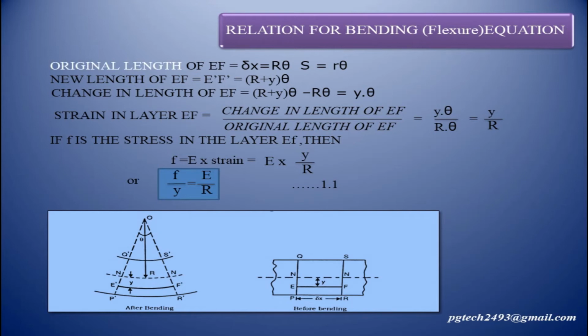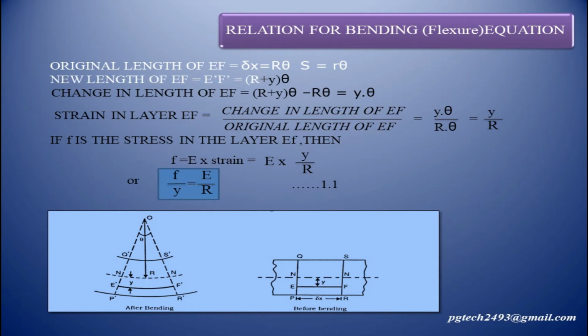Original length EF is equal to delta x is equal to r theta, that is S is equal to r theta. New length of EF becomes E dash F dash is equal to (r plus y) theta.